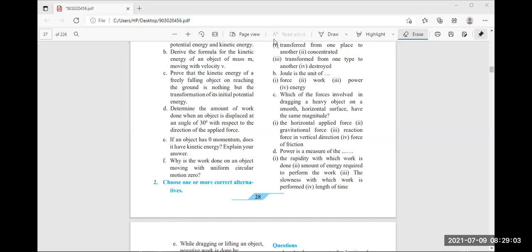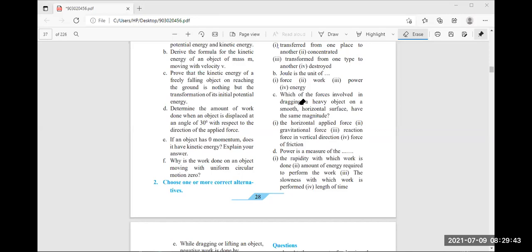Parthrati, yes, sir. Power is a measure of the rapidity with which work is done and the slowness with which work is performed. Darshil Gaware, the same. So here your answer is the rapidity with which work is done. The slowness with which work is performed will not be here; you have tried only the first one.